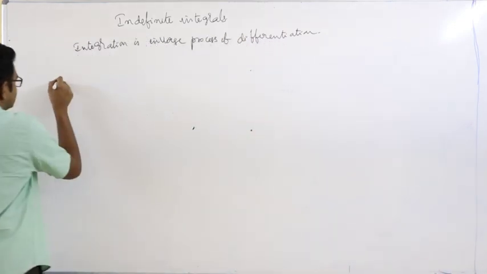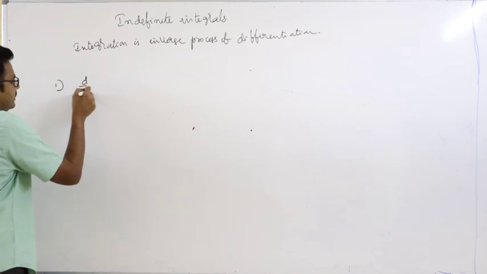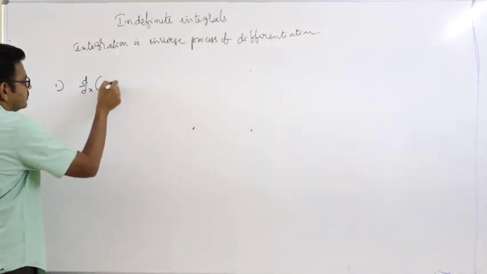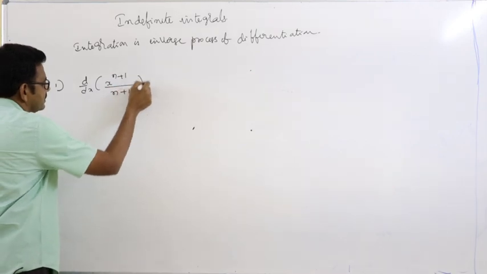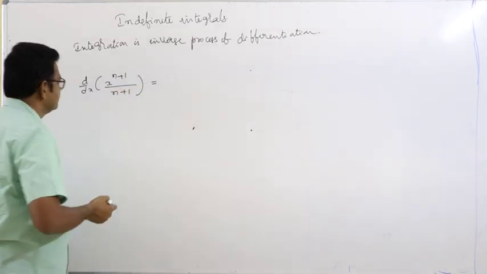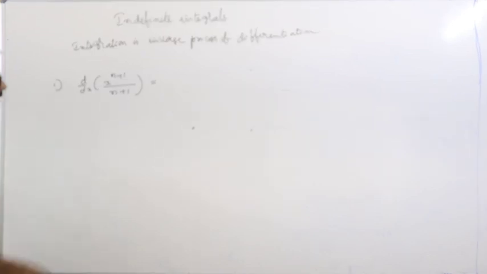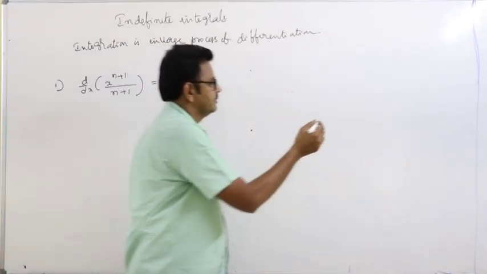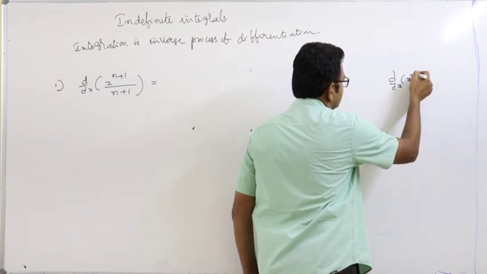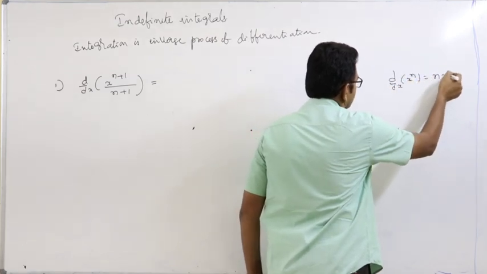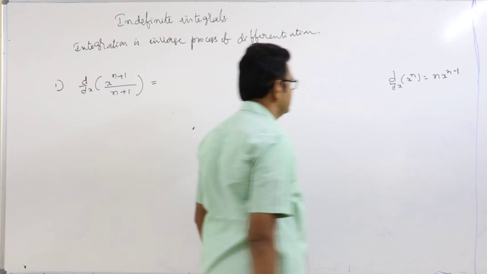So first one, derivative of x to the power of n plus 1 by n plus 1 is equal to, I think you know the derivative of x to the power of n. Derivative of x to the power of n is equal to n into x power n minus 1.